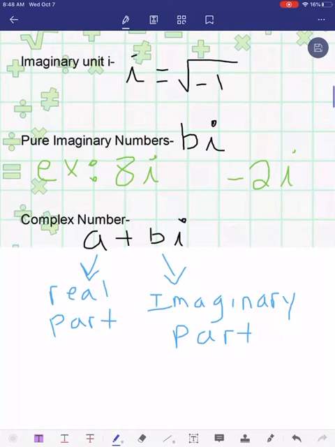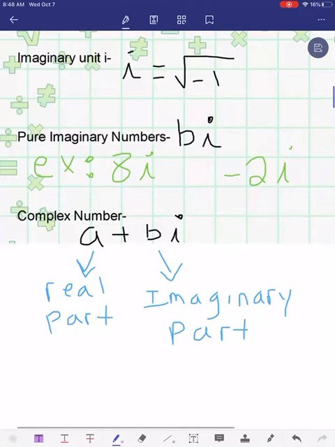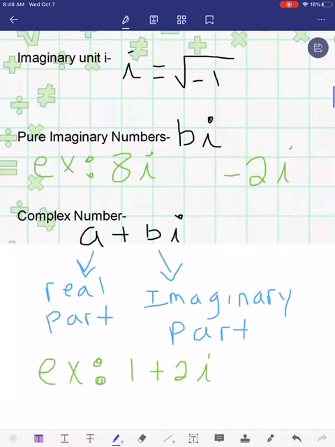So some examples of our complex numbers would be 1 + 2i, -3 - 6i. So I have a real number, and then I have either an addition or subtraction sign, and then I have a number that's being multiplied by my i.